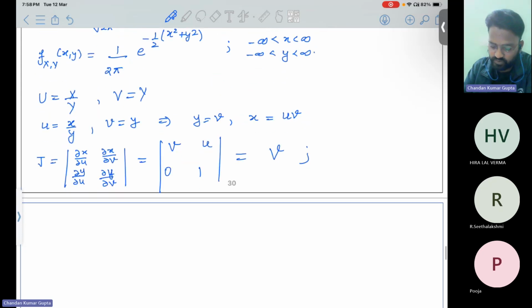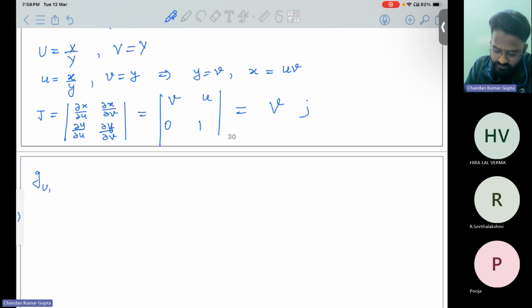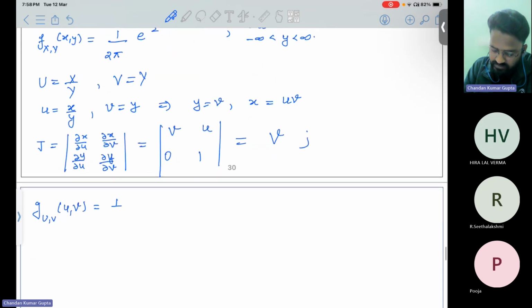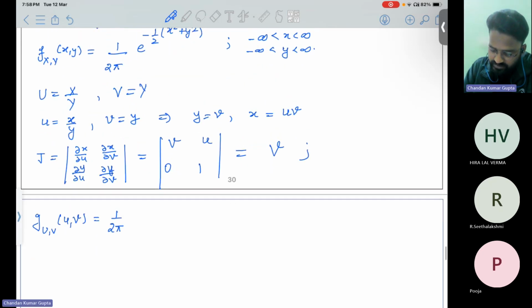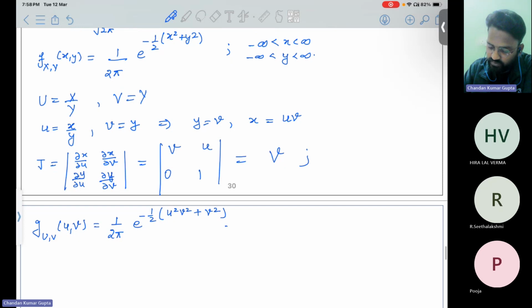So our joint distribution will be like this. It is 1 upon 2 pi e to the power minus 1 by 2 (x square plus y square). So x square, that is u square v square, plus y square is v square, into v.